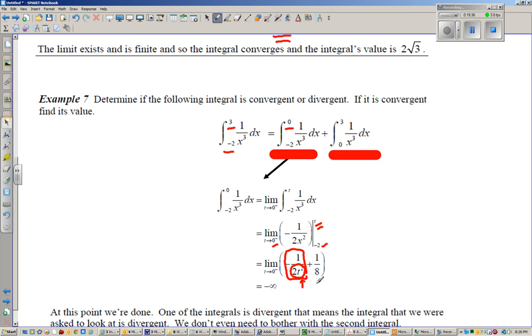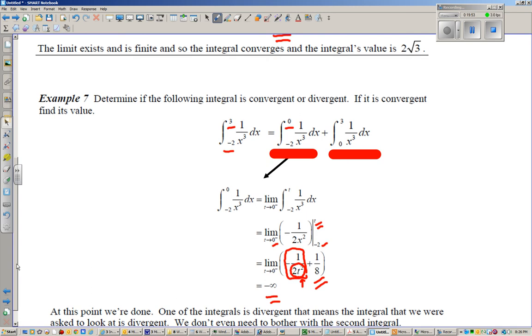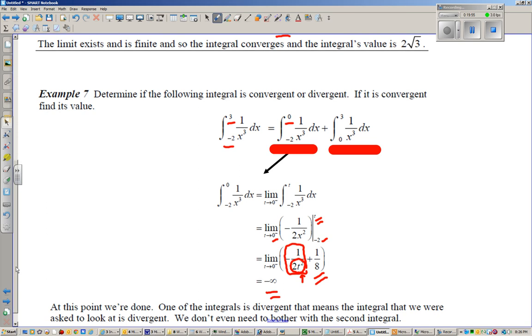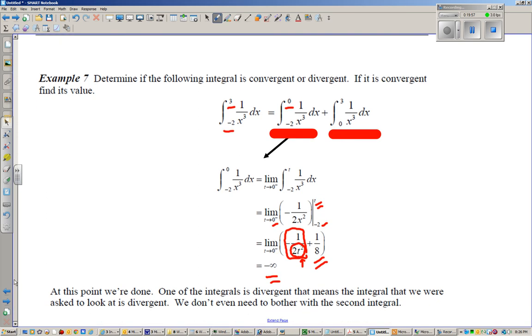It completely obliterates 1/8. This is going to negative infinity. Once we've established that this first half of the problem is divergent, we're done. We don't have to continue. If the first part is divergent, the entire integral is divergent.